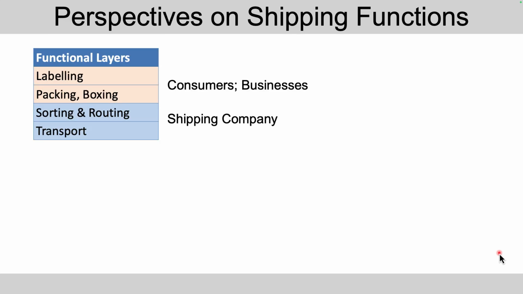Now, if I think about all those things we have been talking about here for the last few minutes, I can segment out some of those functions differently, right? Some of those things had more to do with the endpoints, the people that put things in the box to protect the glass mug, for instance. And some had more to do with what the shipping company cared about, right? So if I separate out the work into functional layers, there's labeling, there's packing and boxing, what are the rules of what we can put into the shipping system.